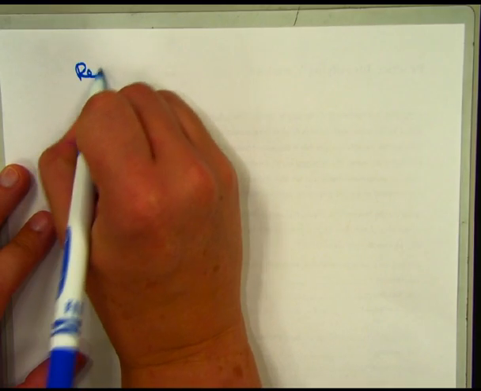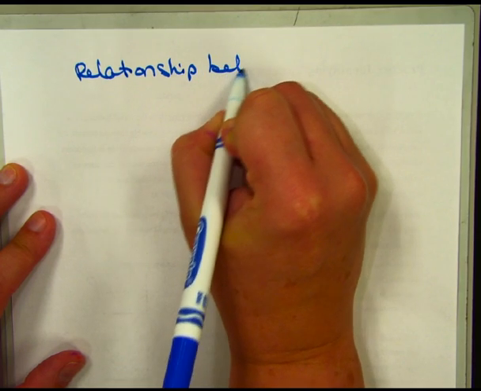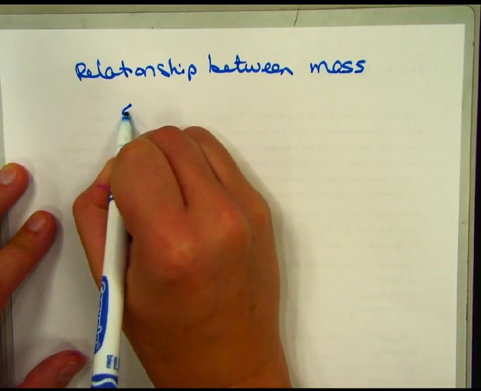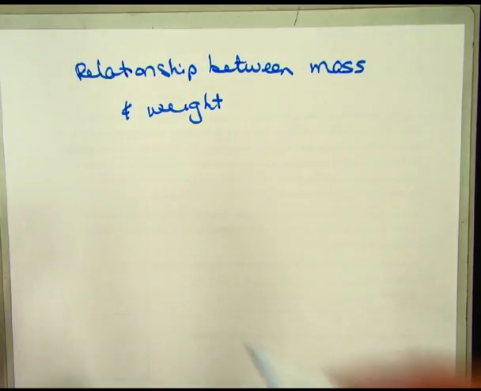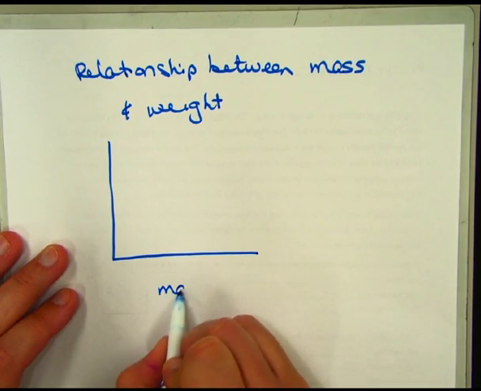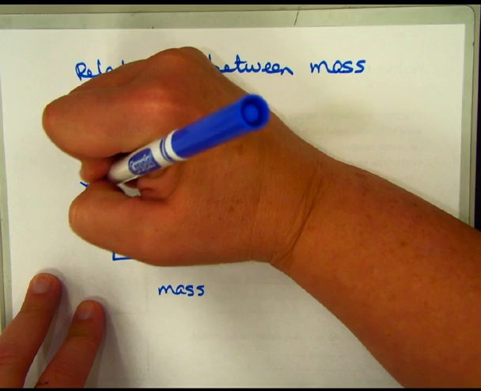So the lab we're doing is about the relationship between mass and weight. On your graph for your lab, you put mass down here and you put weight on the side.